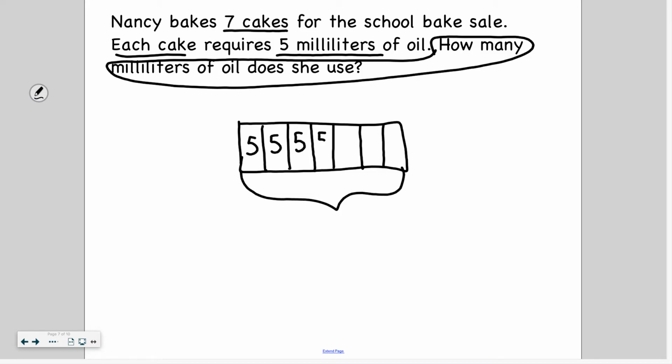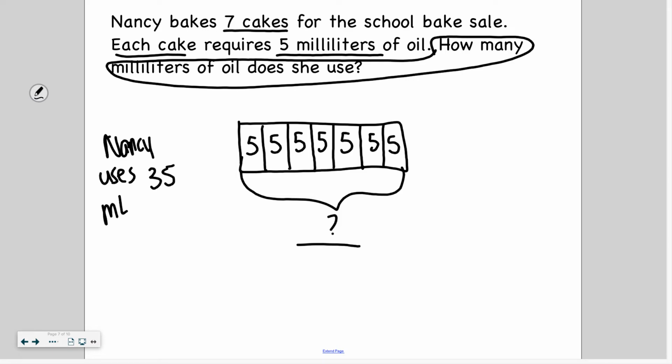So I have 7 groups of 5, or 7 times 5. So how much oil did she use? Nancy uses 35 milliliters of oil, because 7 times 5 is 35. Or 7 groups of 5 is 35. 5, 10, 15, 20, 25, 30, 35.